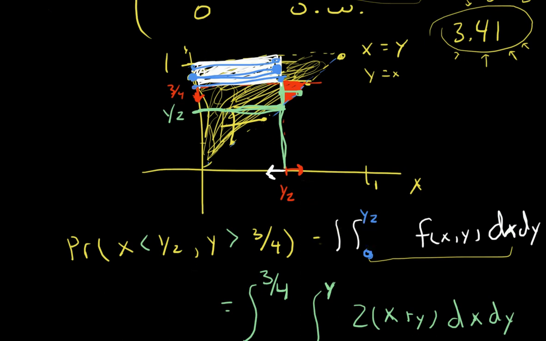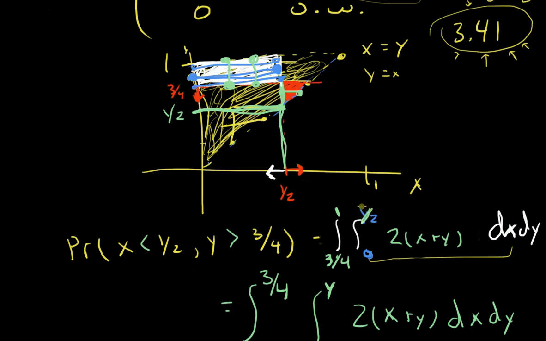Then where does y travel? Y travels from 3/4 to 1. And then you integrate the joint probability distribution function. So I'll write that here: 2x plus y. You see how this changes your bounds quite a lot.